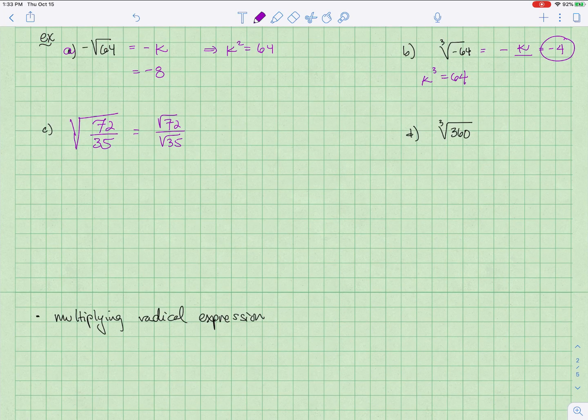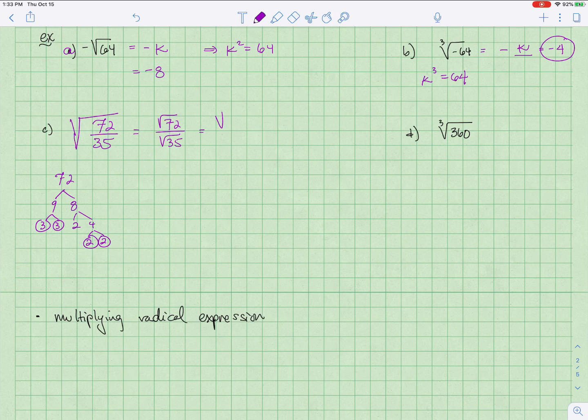Those aren't perfect squares. Well, they're not perfect squares, but what we can do is take the number 72 and do a prime factor tree. I need two numbers that multiply together to give me 72. How about 9 and 8? Where 9 is 3 times 3. That's a perfect square. And 8 is 2 times 4. And 4, that's 2 times 2.